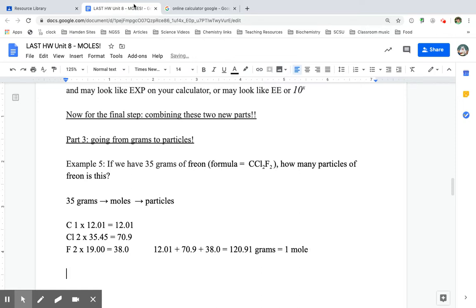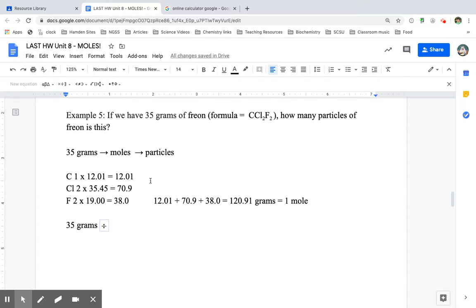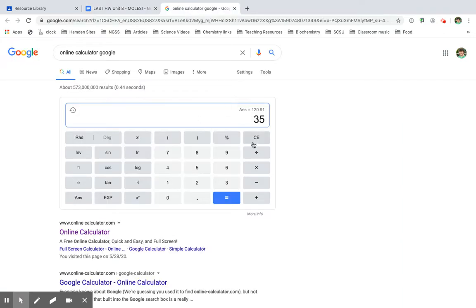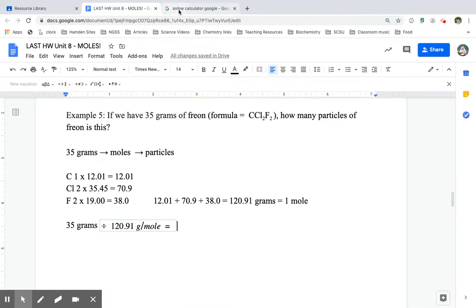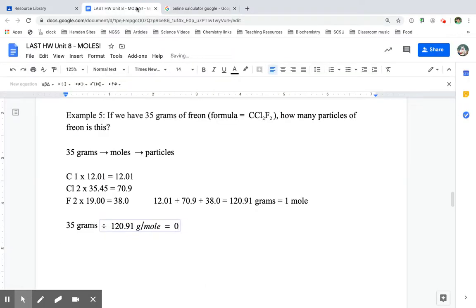So if we have 35 grams, we divide by 120.91 grams per 1 mole. 35 divided by 120.91 equals 0.289 and some. 0.289, and these are moles.